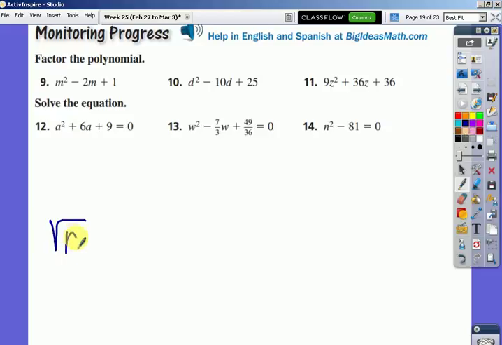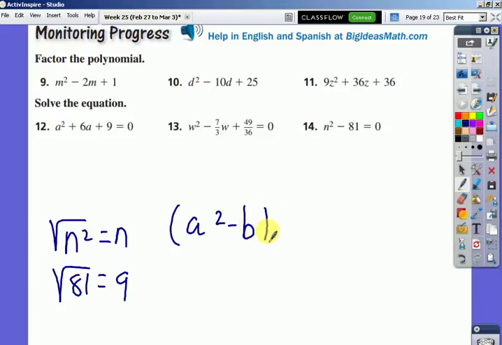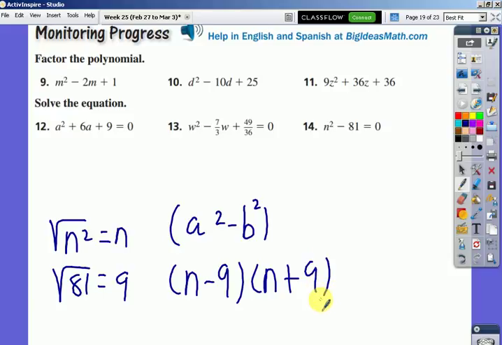The square root of n squared is n, and of 81 is 9. Well, I know that if I have a squared minus b squared, I end up with n minus 9 times n plus 9. The middle terms cancel out. So that's this one. Does that make sense?